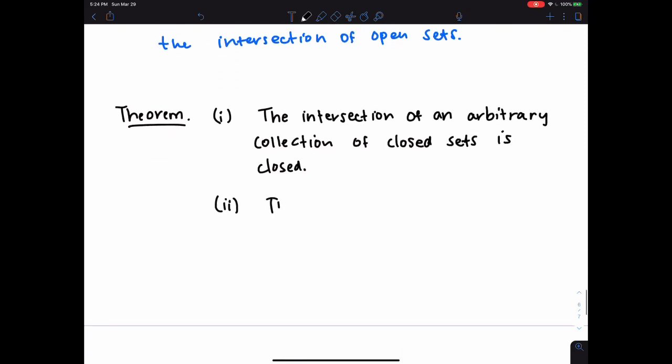And the union of finitely many closed sets is closed.